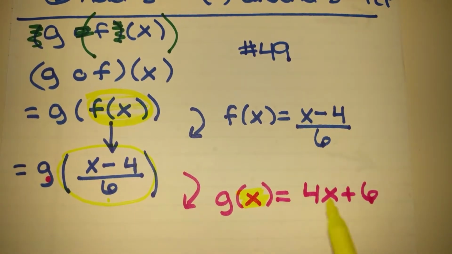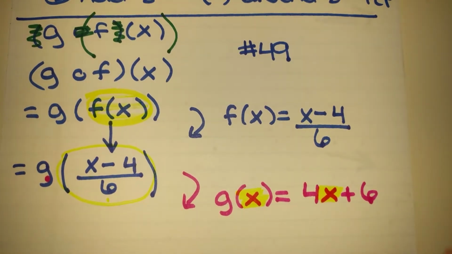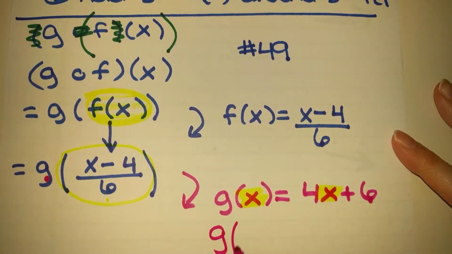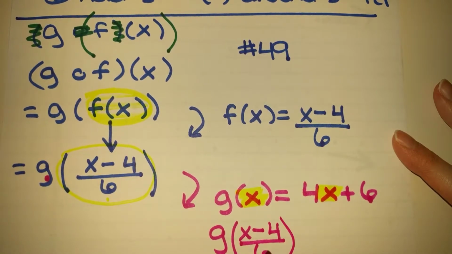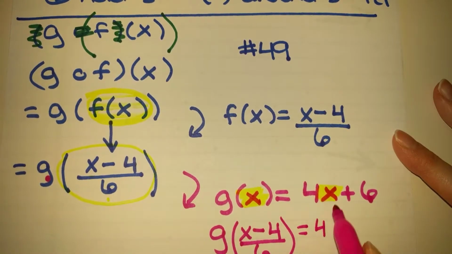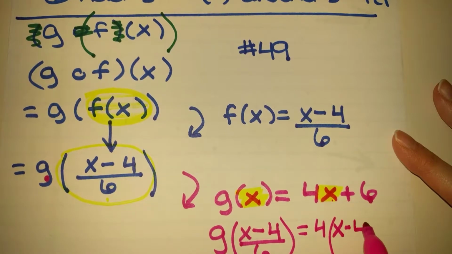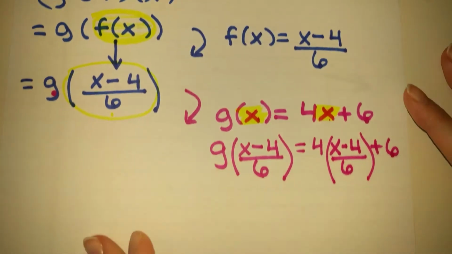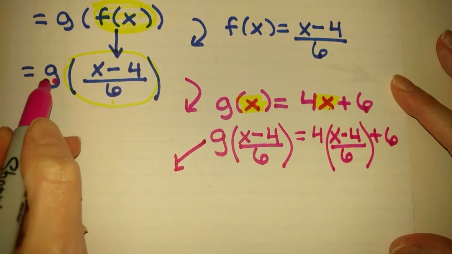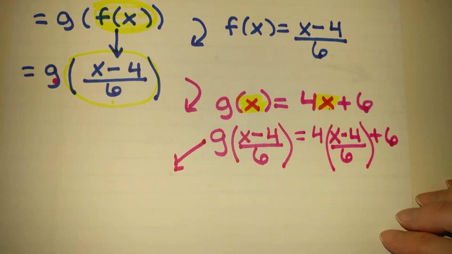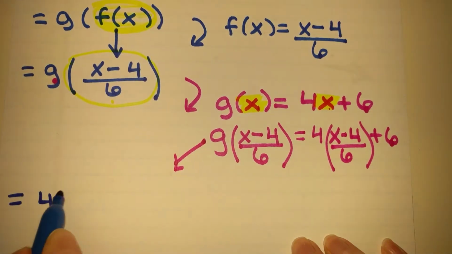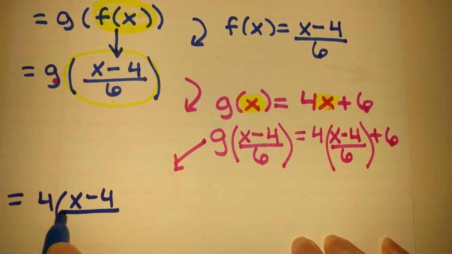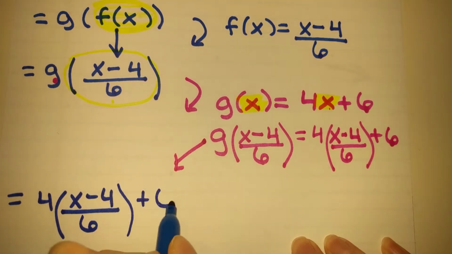So I'm going to take the g of x definition, and I'm going to replace all those little x's with parentheses x minus 4 over 6. And then this x gets replaced with parentheses x minus 4 over 6 plus 6. And so this is my evaluation of g of x minus 4 over 6. It is now evaluated out to be 4 times x minus 4 over 6 plus 6.